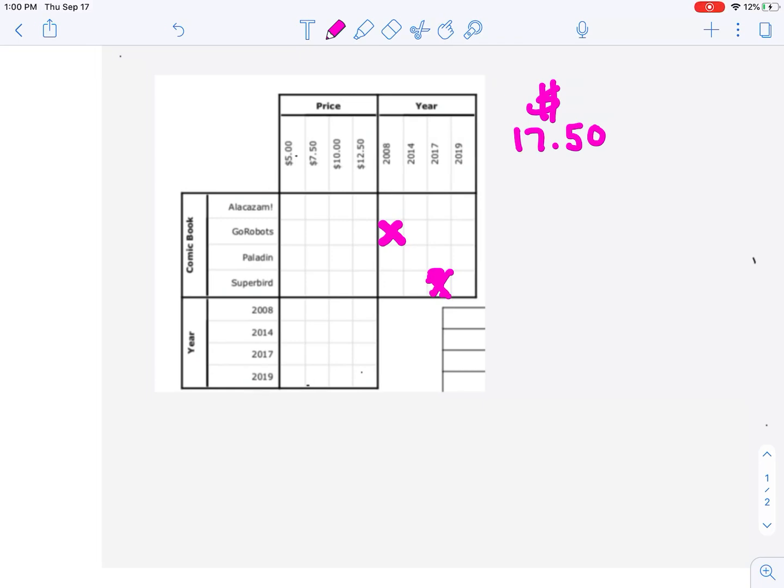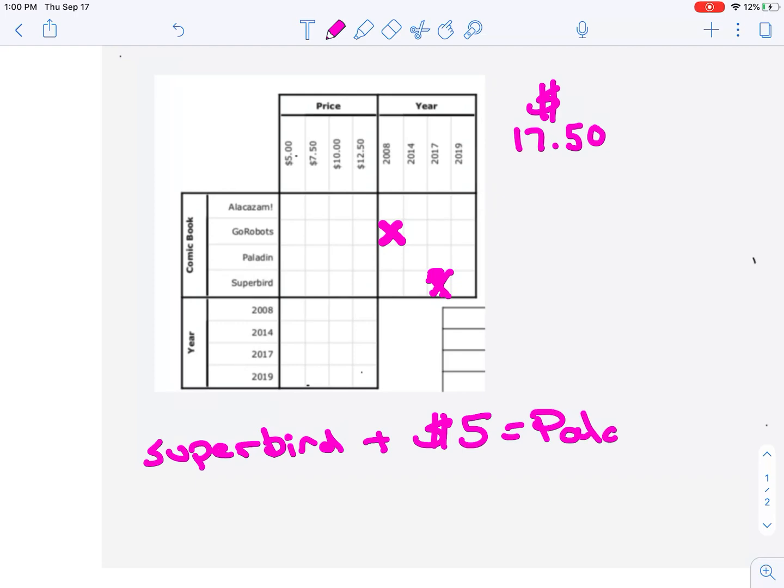All right, we know that Go Robots is 2008, and we know that Superbird is 2017. We don't know how much Superbird is quite yet, okay? We do know, and I'm going to write this down, that Superbird plus $5 is Paladin. Okay, we know that.